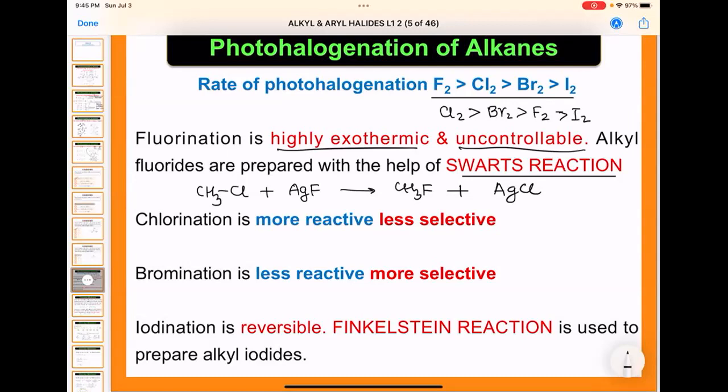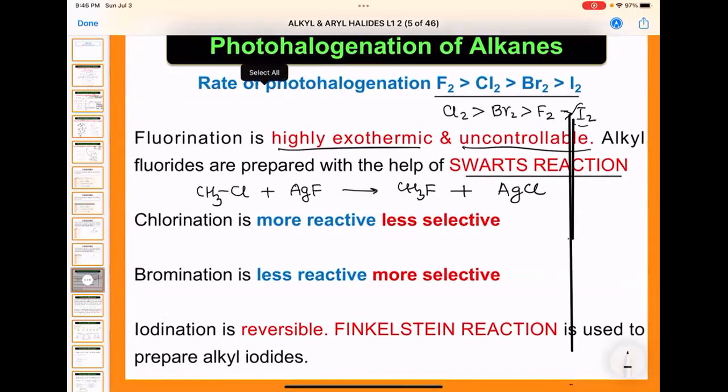Okay. The next thing is, what about iodination? What did you expect from iodination?